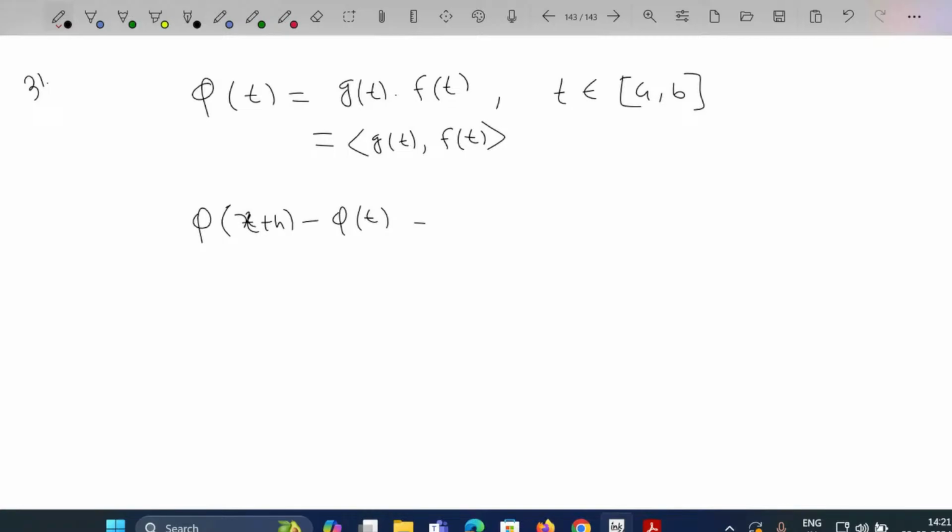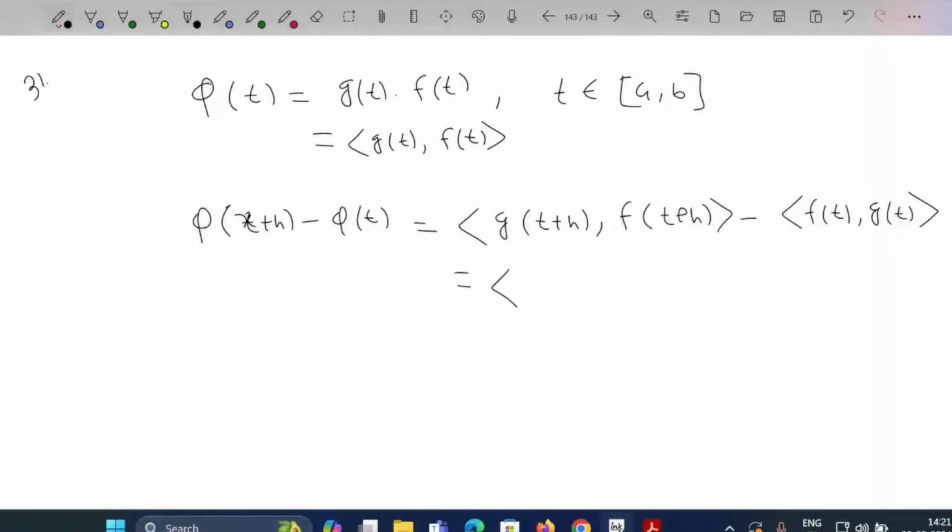It is the inner product of g of t plus h and f of t plus h, minus the inner product of g of t and f of t. So we can write it as g of t plus h minus g of t, with f of t plus h, plus g of t with f of t plus h minus f of t.